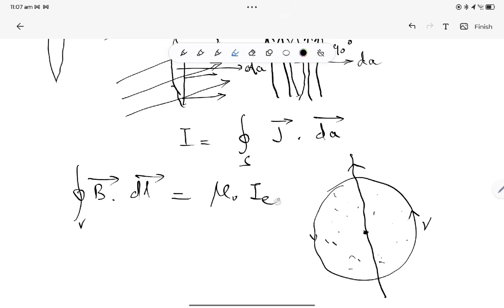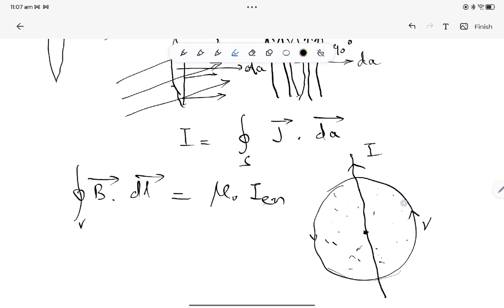It is only the current enclosed by this loop, or the current threading through the area enclosed by this loop, not the current that runs parallel to this surface. Why not this current? Simply because its contribution to the overall circulation is 0. Why is it 0?